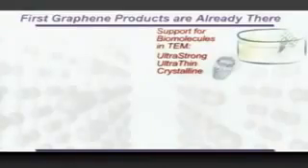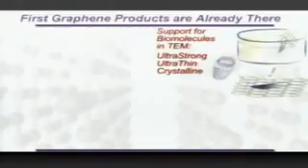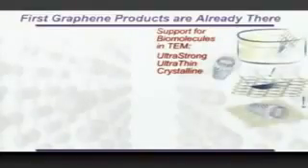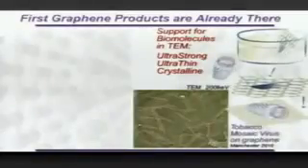You take freestanding graphene, you dip it into some solution of your biomolecules, you dry it. In this case, we used Tobacco mosaic virus, and then you can observe them quite easily in your TEM. No staining, nothing is required. I know nothing about TEM or about biology, and it worked the first time immediately, and several companies now do sell it as a product.